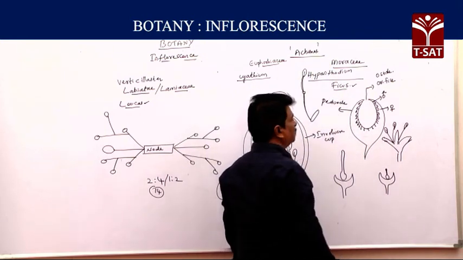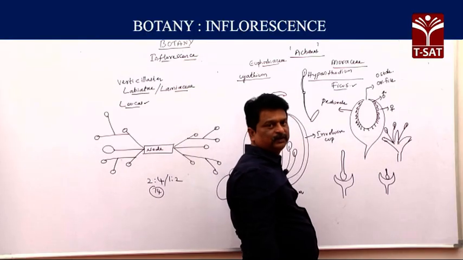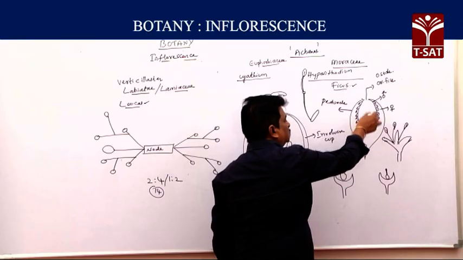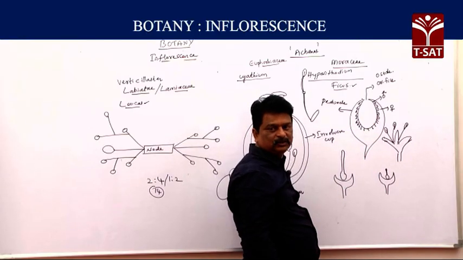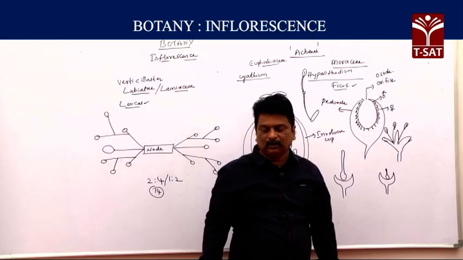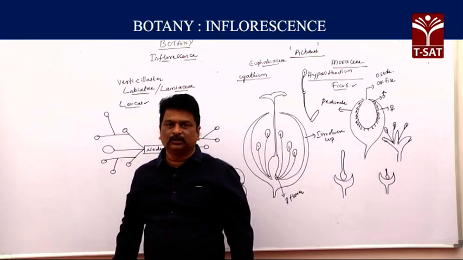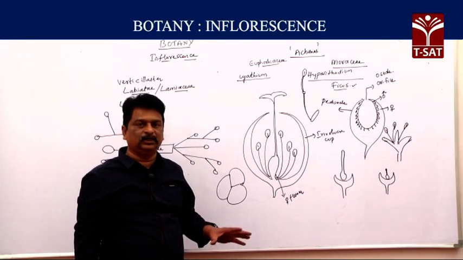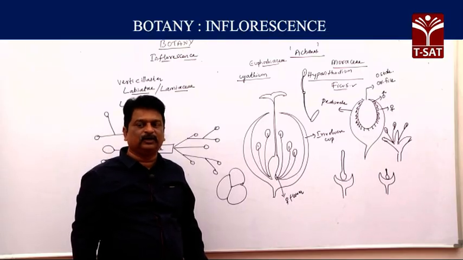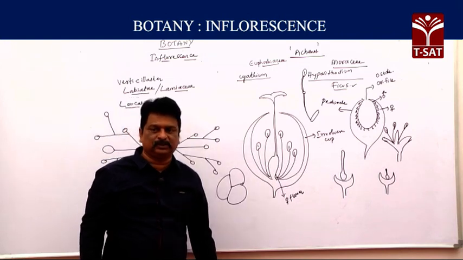Rightly, these are called multiples of achenes. After fertilization, the whole inflorescence is converted into a multiple fruit or composite fruit. That multiple or composite fruit is called syconus. And this type of inflorescence belongs to the Moraceae family, in that the genus is ficus.